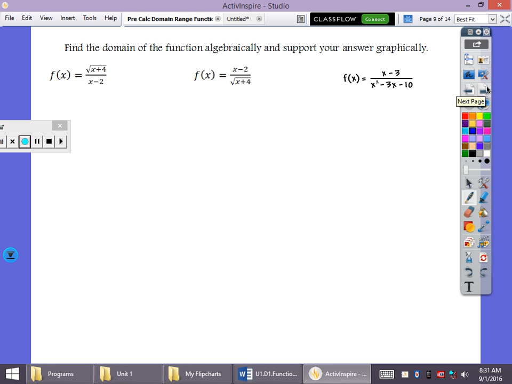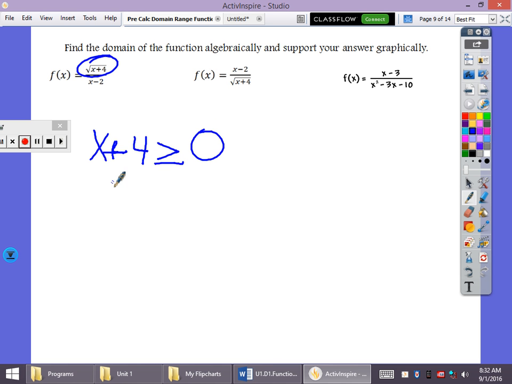Okay, moving to the bottom. Okay, what rule here? What's the rule that applies here? The 2 restriction. It can't be negative, this can be 0. So x plus 4 must be greater than or equal to 0.